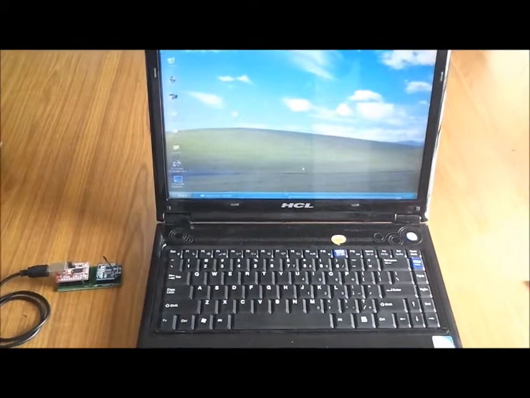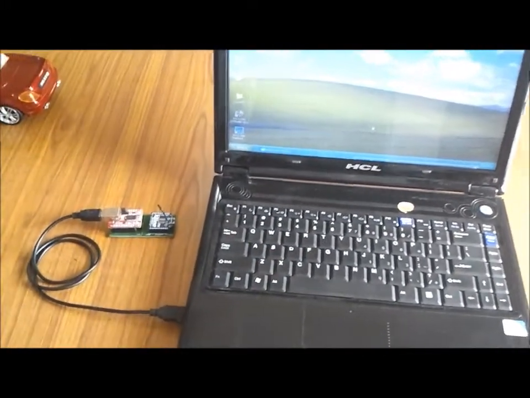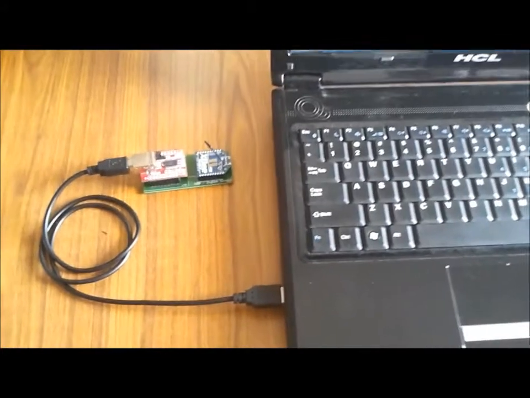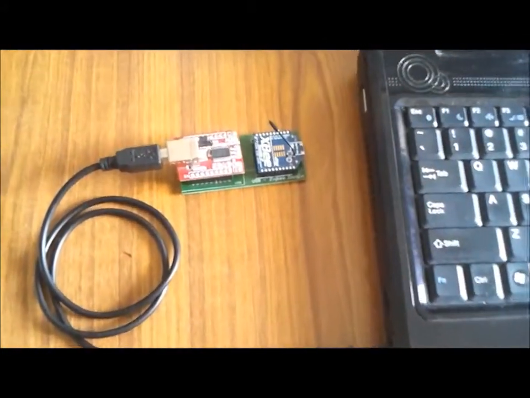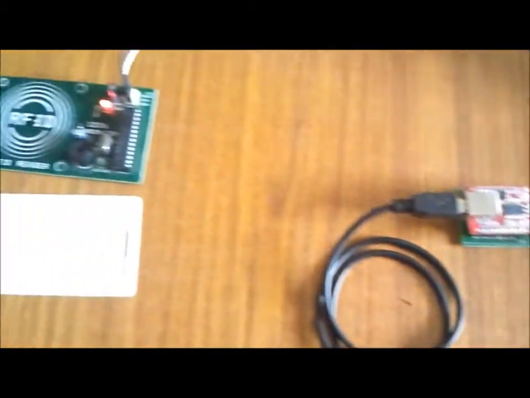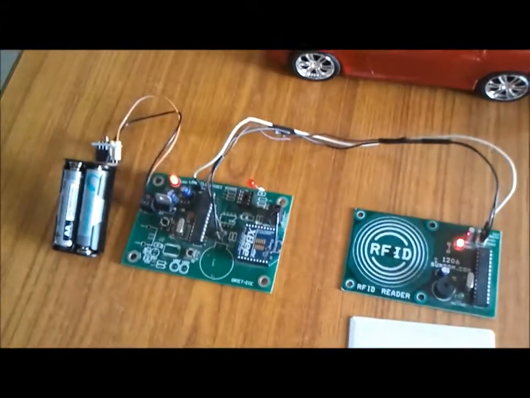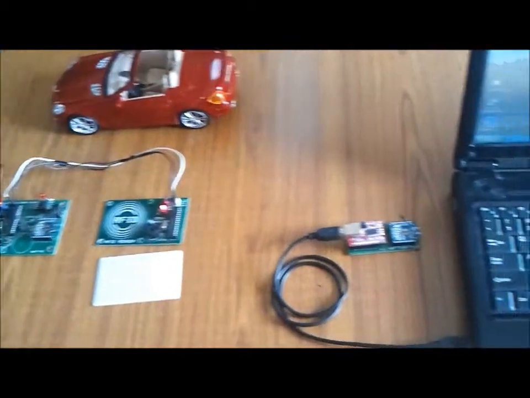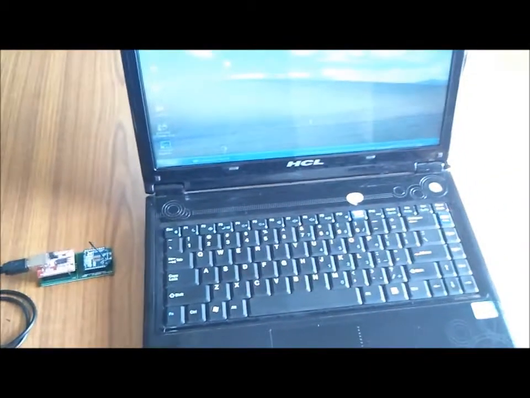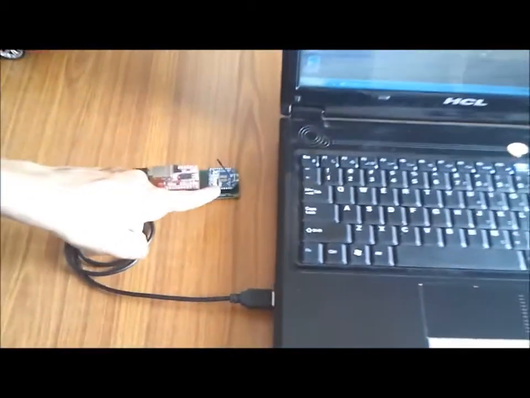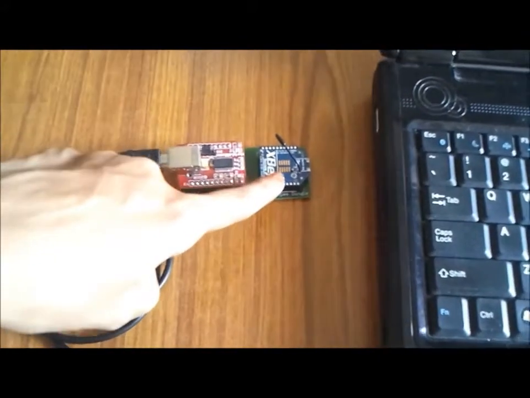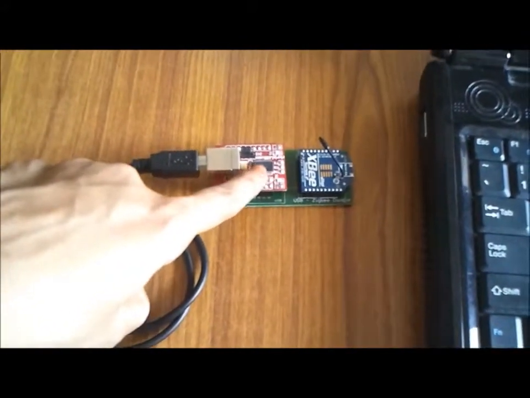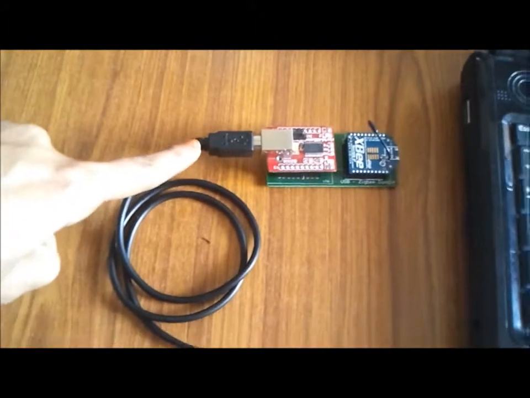List of components. In smart toll collection system, we have two units, toll gate unit and vehicle unit. In toll gate unit: PC, XB module, FTDI chip, USB converter.